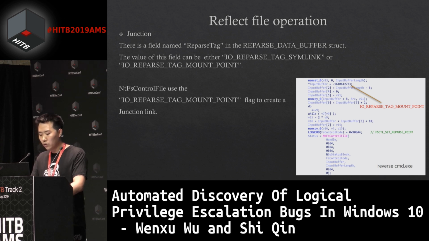There is a field named ReparseTag in the REPARSE_DATA_BUFFER struct. It can be set to different values, but the most common values are IO_REPARSE_TAG_SYMLINK and IO_REPARSE_TAG_MOUNT_POINT. Let's take another look at the previous figure. We can see that the IO_REPARSE_TAG_MOUNT_POINT tag was used when creating the junction.